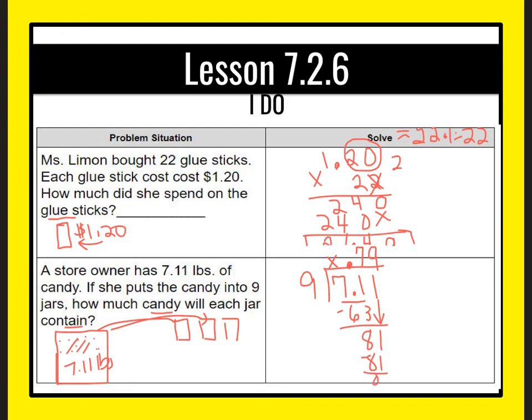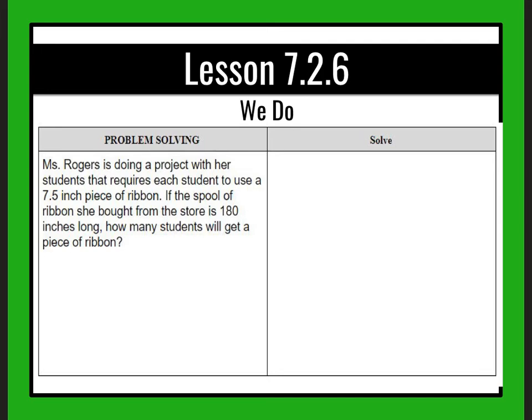All right, so that means that every one of those jars is going to have 0.79 pounds of candy, not even a full pound, 0.79 pounds of candy in each of the jars. Okay? So now, you try.